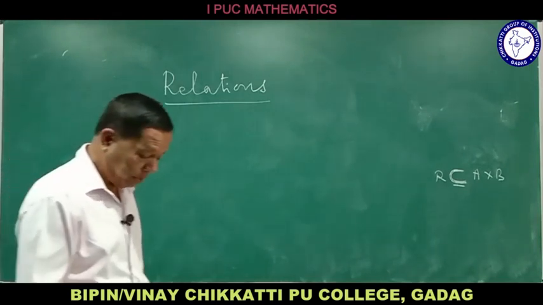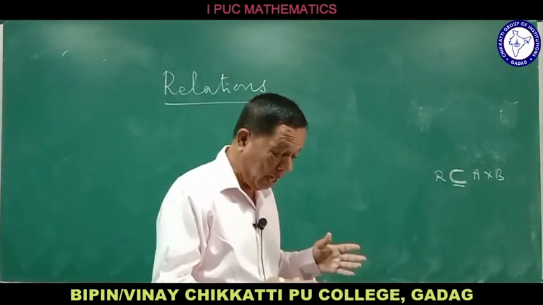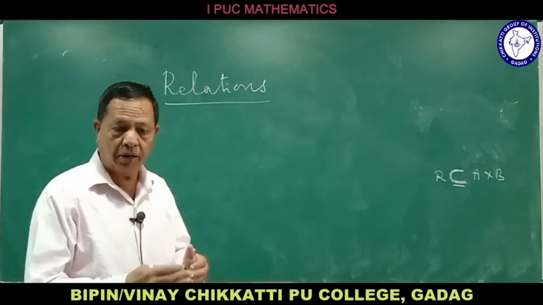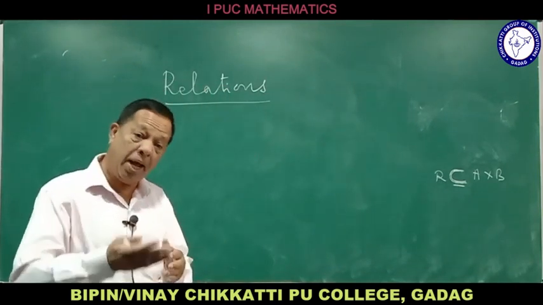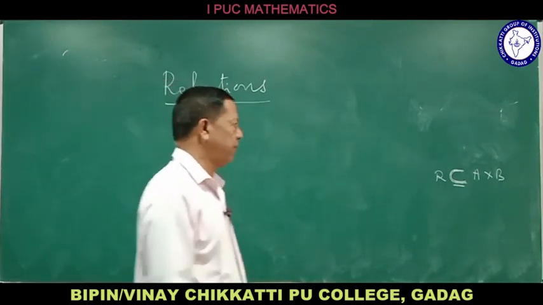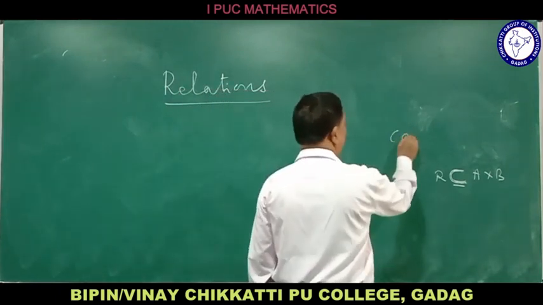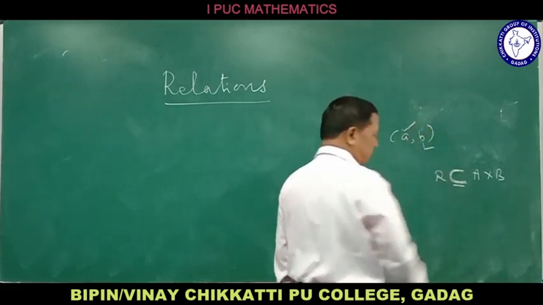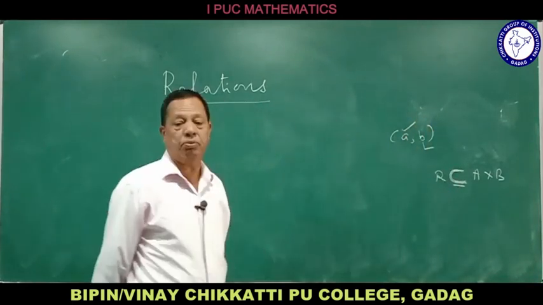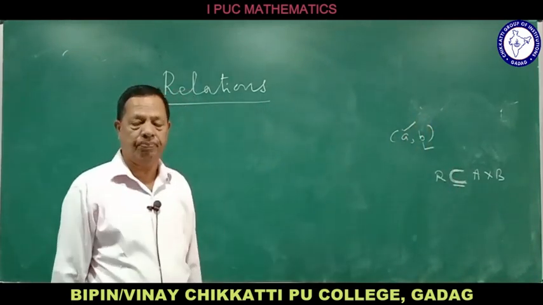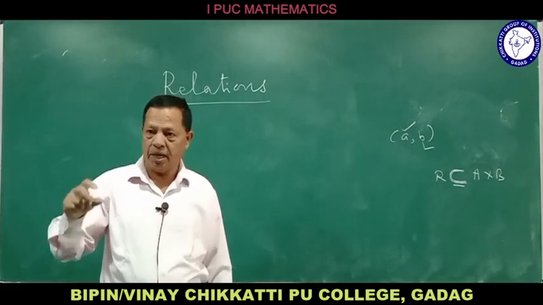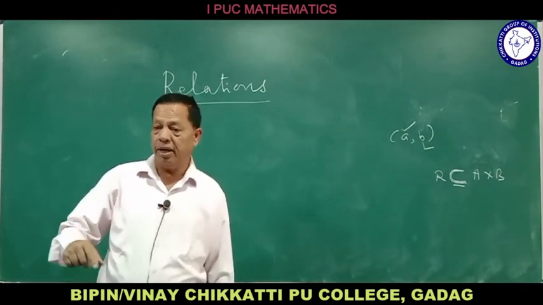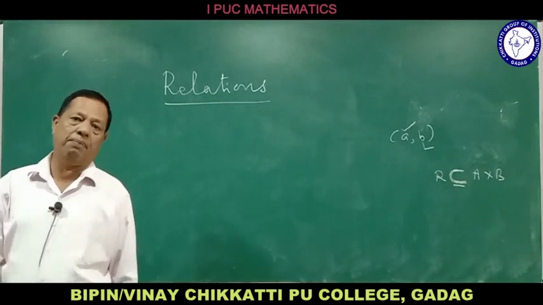And here you understand that the second element in the ordered pair is the image of the first element. Suppose I say the ordered pair (a, b), and b is the image of a. You have to understand this basic concept that we take in the relation. The second element in the ordered pair is the image of the first element.